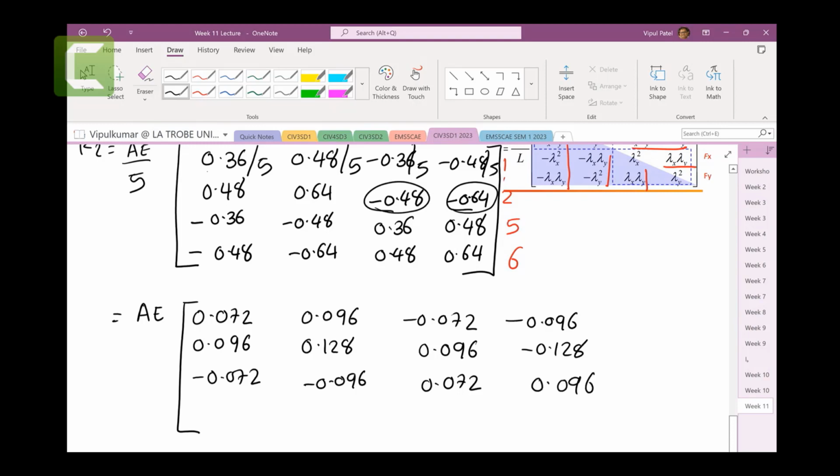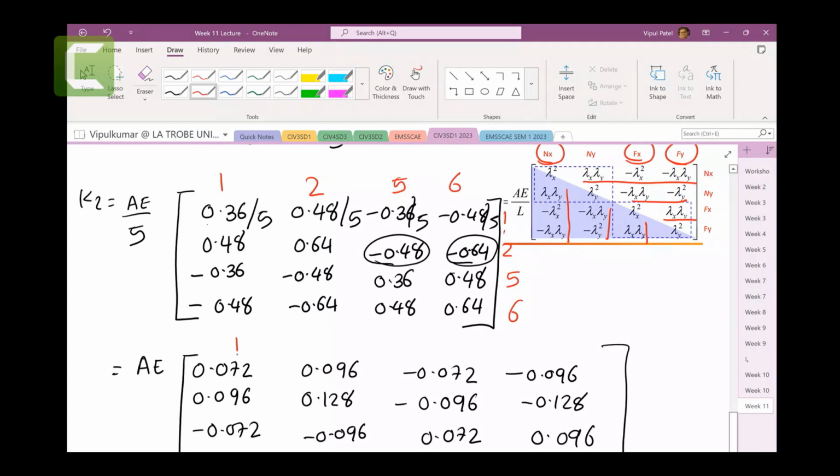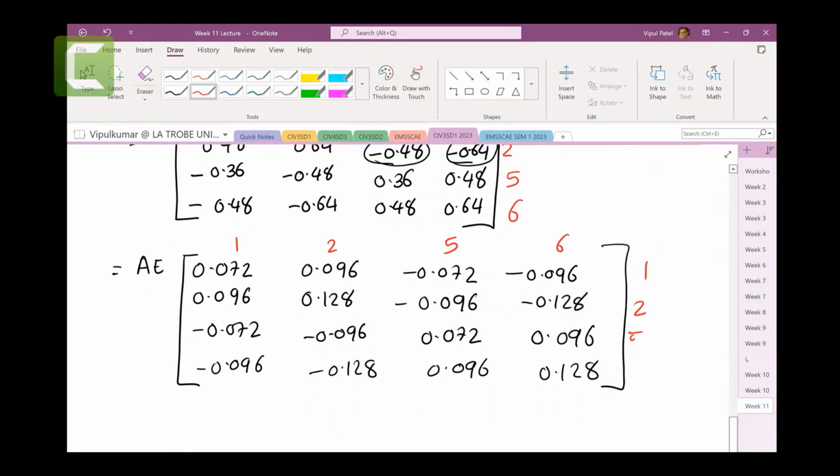That would be minus, I believe. Then you have 0.096 and minus 0.128. 0.48 would be 0.096 and 0.128. Right, and then you have 1, 2, 5, 6 on rows and columns. Right?